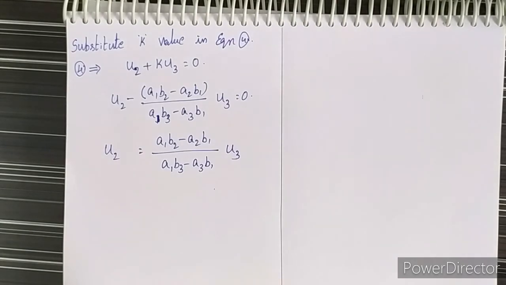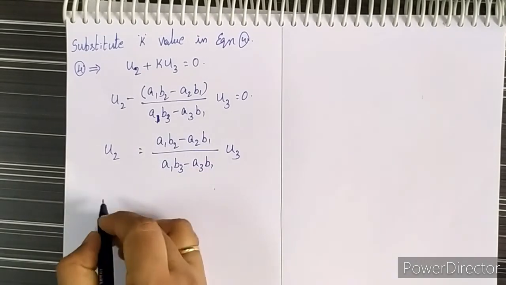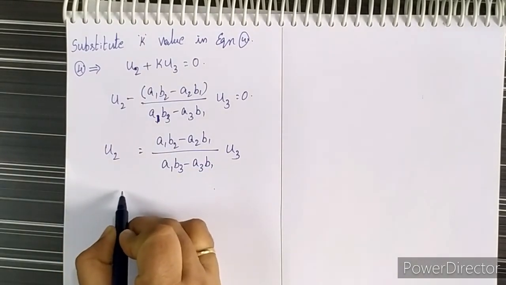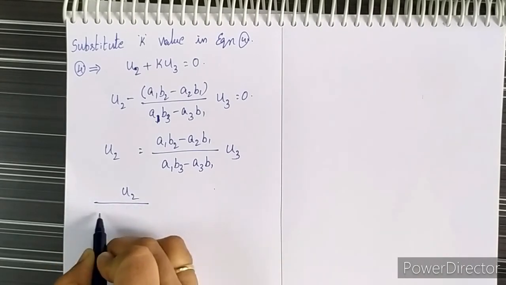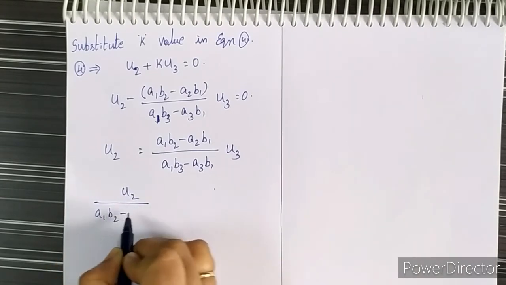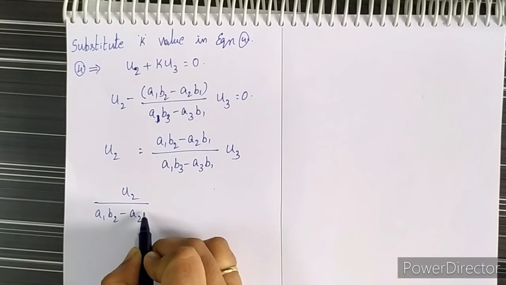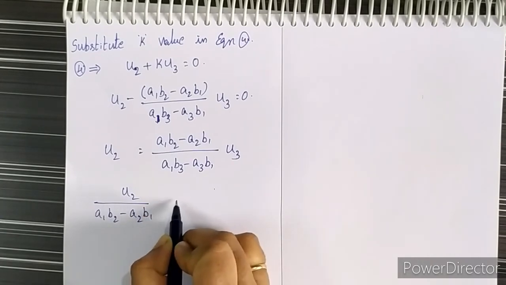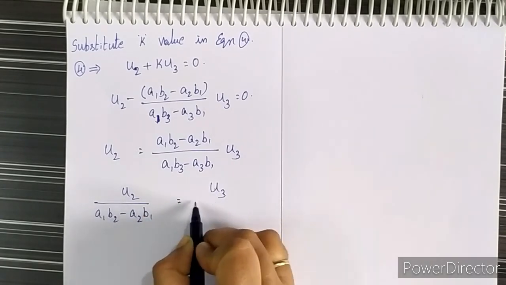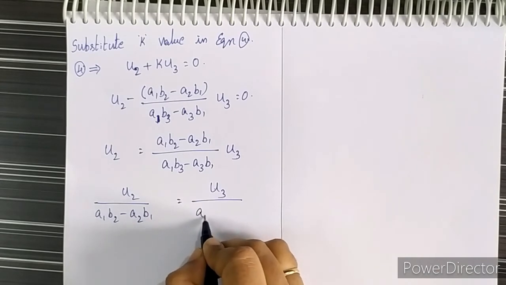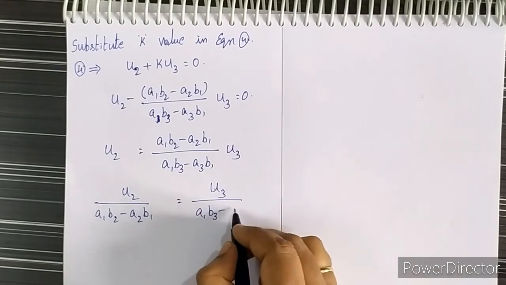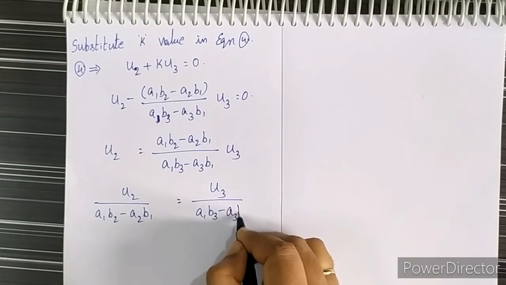Then, as in the problem, that means u2 by (a1 b2 minus a2 b1) is equal to u3 by (a1 b3 minus a3 b1).